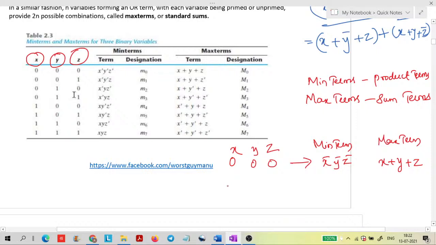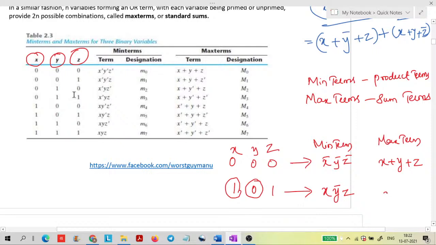For example, 1 0 1. In min term, x, y bar and z. This is x, this is y bar because 0 is there, so we write the complement.